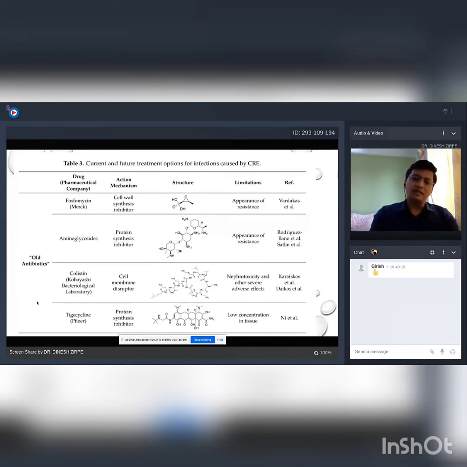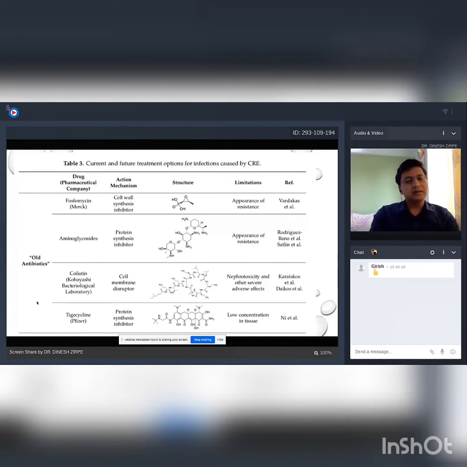And tigecycline. A newer thing with tigecycline is using a double dose. The biggest limitation with tigecycline was the low concentration in tissue, mainly in pulmonary tissues. So if the patient has ventilator-associated pneumonia positive for CRE, there was no obvious mortality benefit.